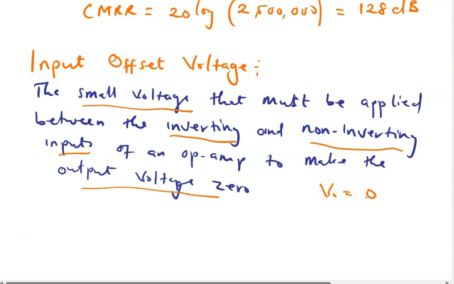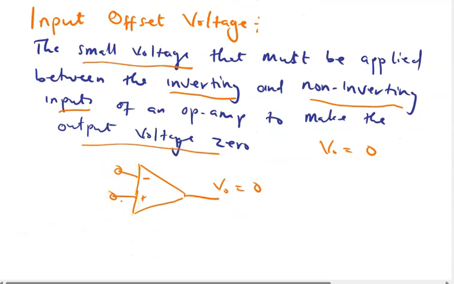So since we want V naught to be zero, that is if you draw the operational amplifier, minus plus, so inverting and non-inverting, and this here is where we get our V naught. We want it to be zero, right? So the small voltage that can be applied between the inverting and non-inverting input to make V naught zero is called the input offset voltage.